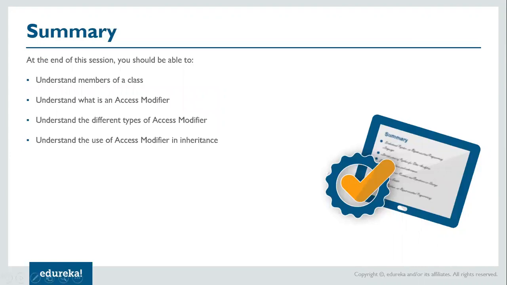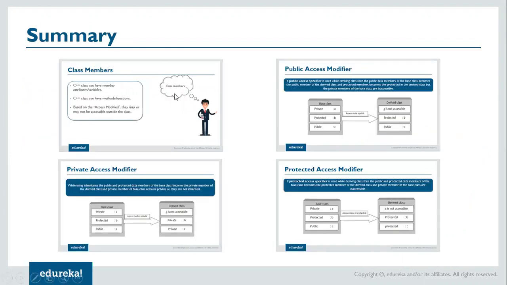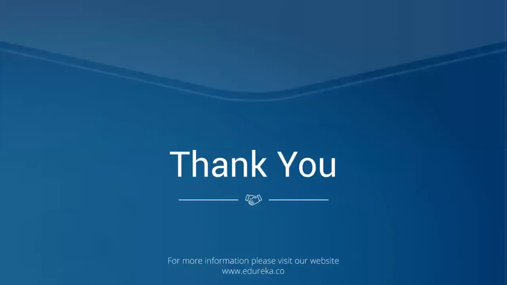So we have seen class members, the public access modifier, the private access modifier, and protected with respect to inheritance. That's all we have in this particular discussion. Thank you so much for your time.